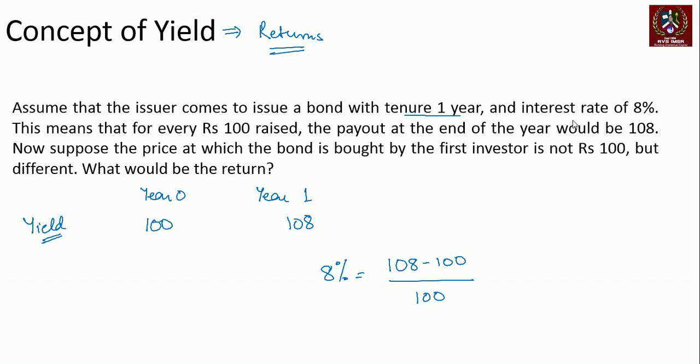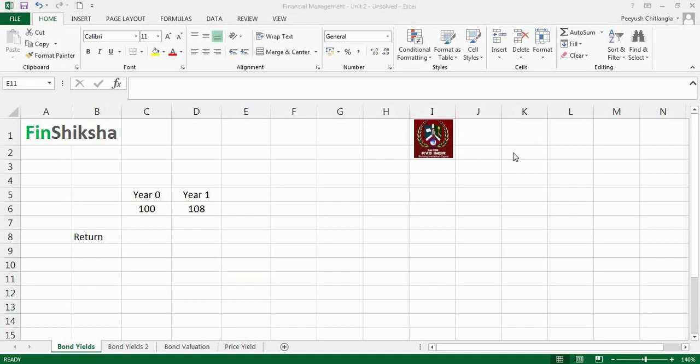So let's try and use an Excel file and understand this there. This is the example we are looking at. What we are saying is that the return, if we calculate it here based on the formula, was 108 minus 100 divided by 100. That's the return, correct? In other words, 8 by 100 is the return that we're looking at.